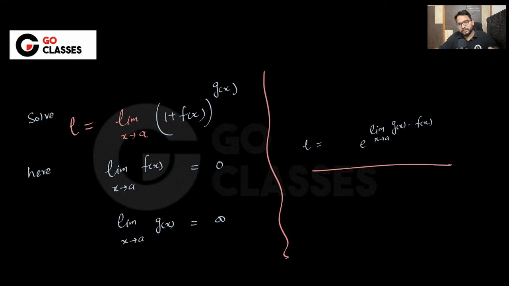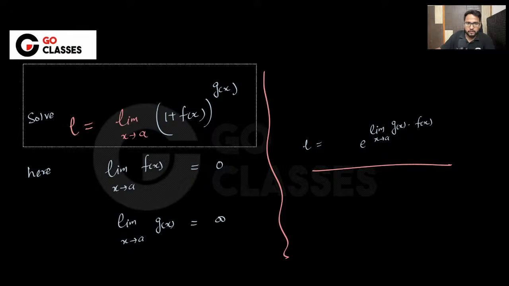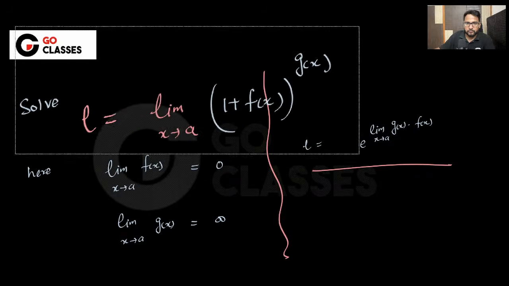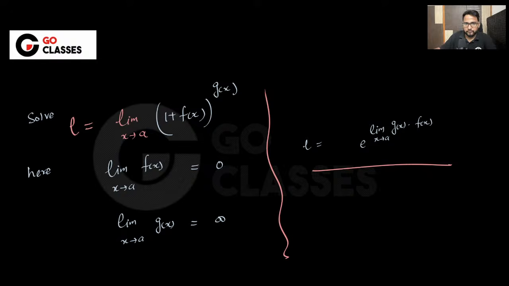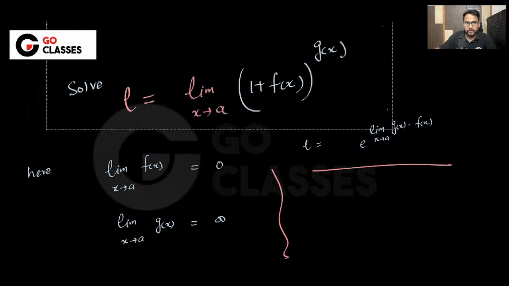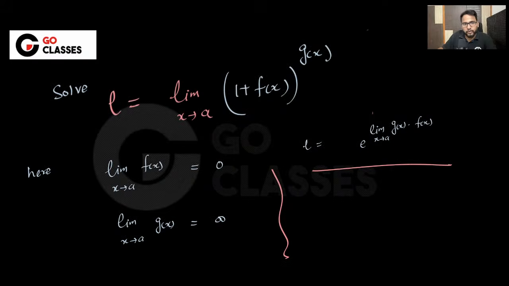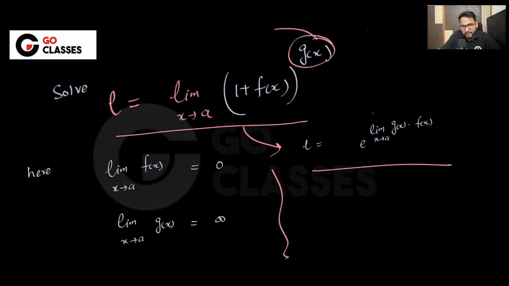Okay. Since there is no difference between these two L, I will just say that if a function is given to you, which is something like this, then you can rewrite this function as something like this, where L equal to e power, you can take this here, and you can subtract one from this.